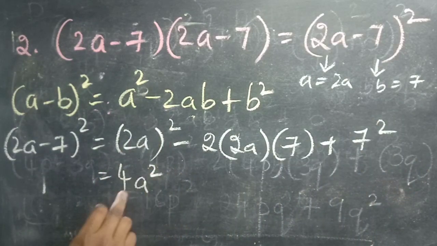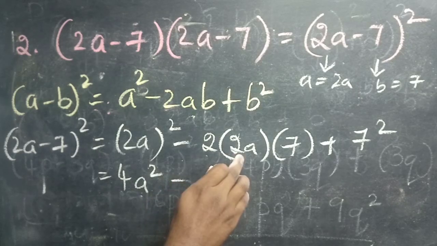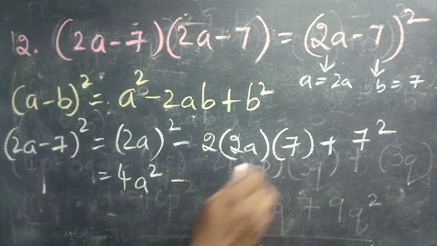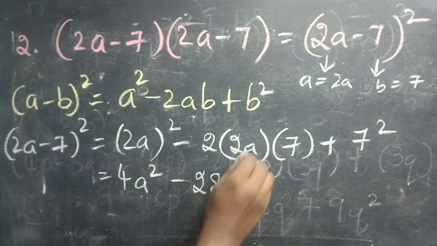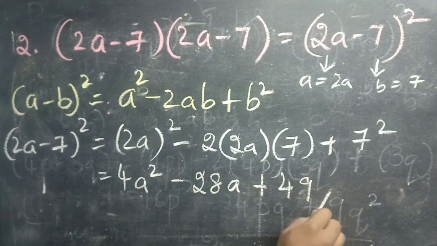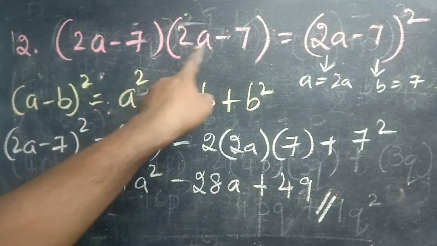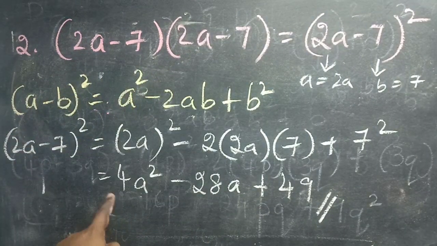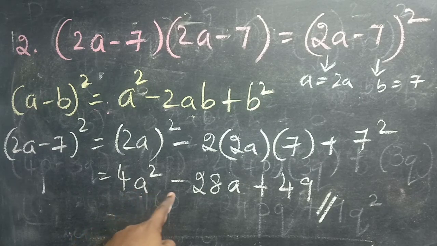Then a square, 4a square minus 2 2s are 4, 4 times 7 is 28a plus 7 square is 49. Now 2a minus 7 into 2a minus 7 is 4a square minus 28a plus 49. This is the solution for this question.